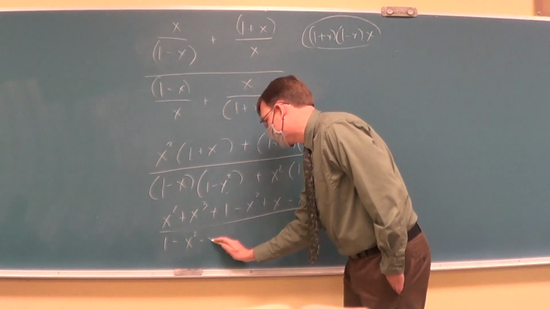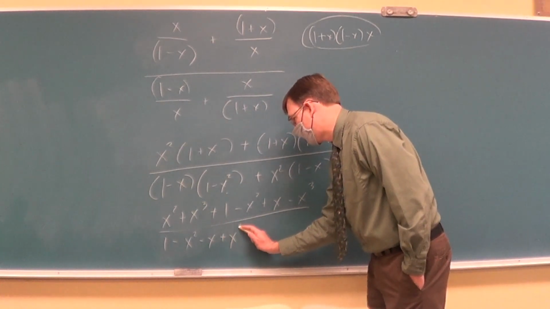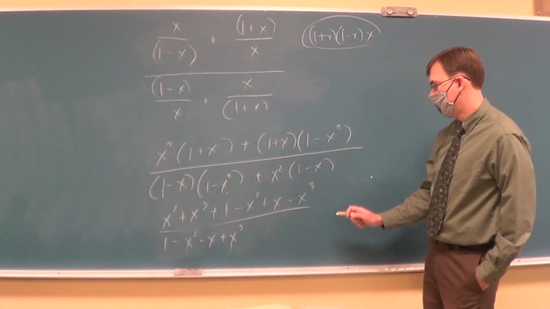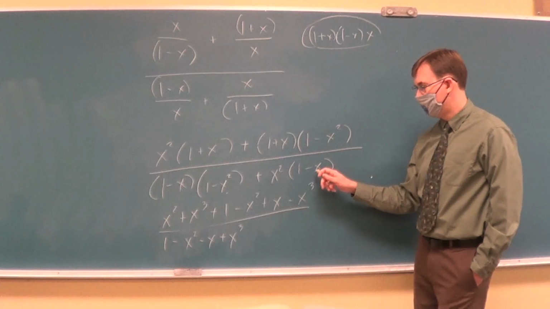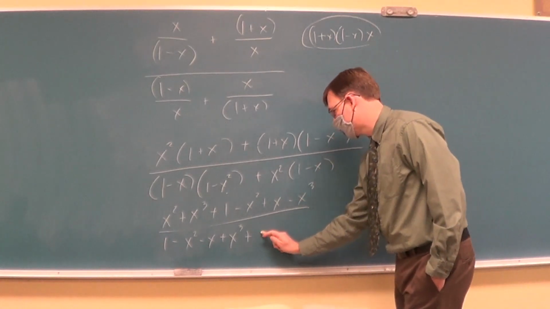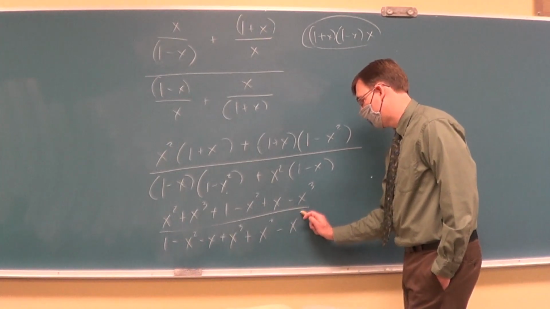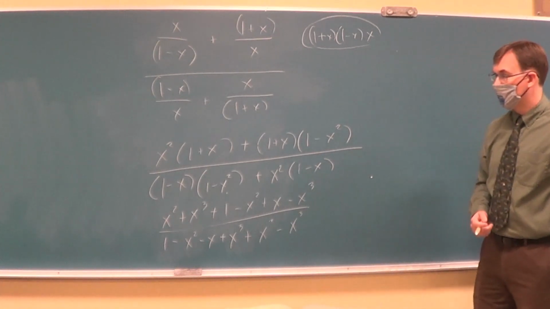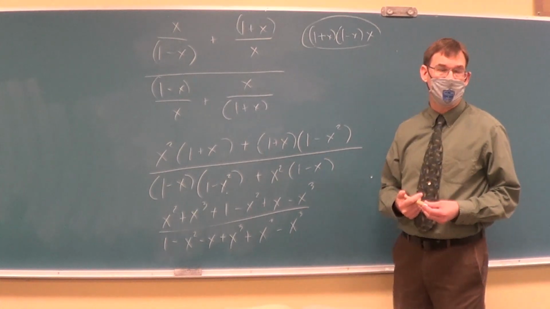There is a negative x in there. There is a positive x cubed in there. And then what's going to happen to this? This is called distributing. Has a positive x squared, minus x cubed.